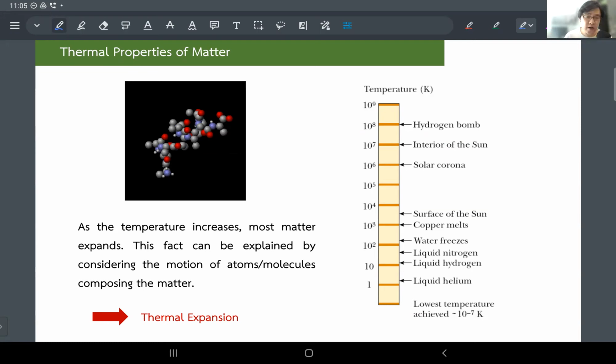We can understand this more easily now, because we understand that a higher temperature means higher kinetic energy, which means more movement. So every time things get higher in temperature, the movement at the microscopic level is more. That means the spacing between the particles or molecules that build up the material is going to be a little more spaced out. Does that make sense?